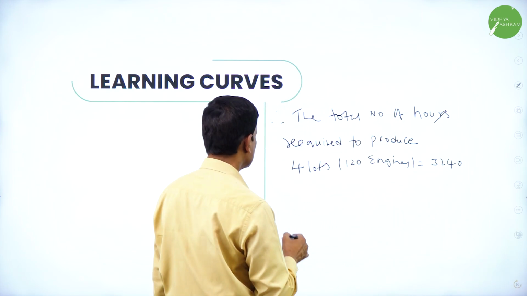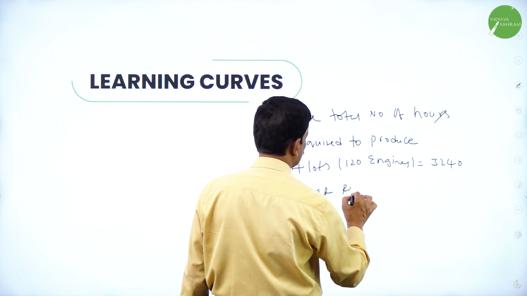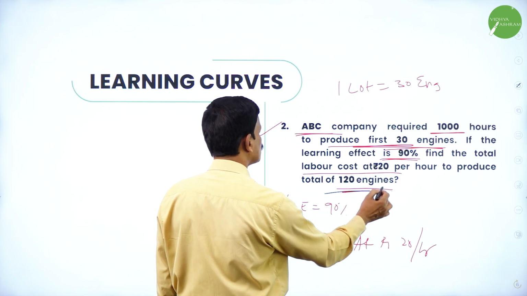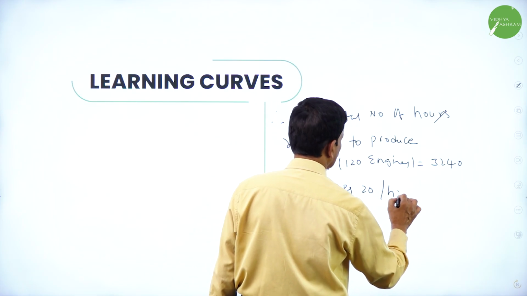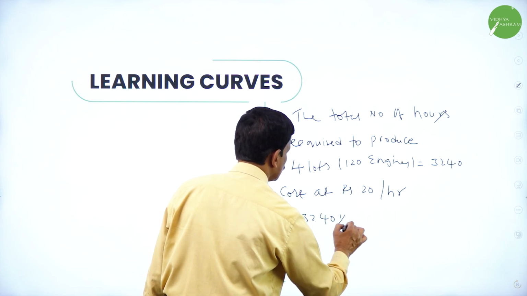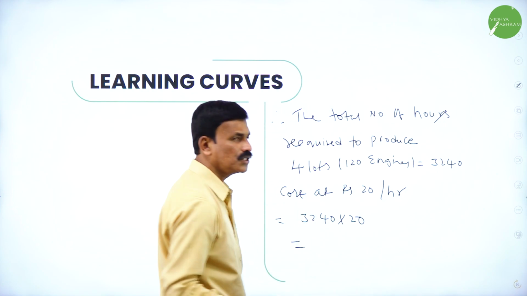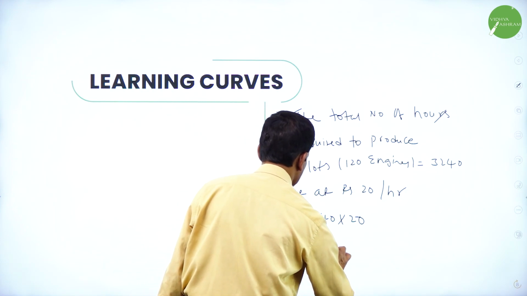Now, what is the cost? The cost at rupees 20 per hour is equal to 3240 into 20, which is 64,800.